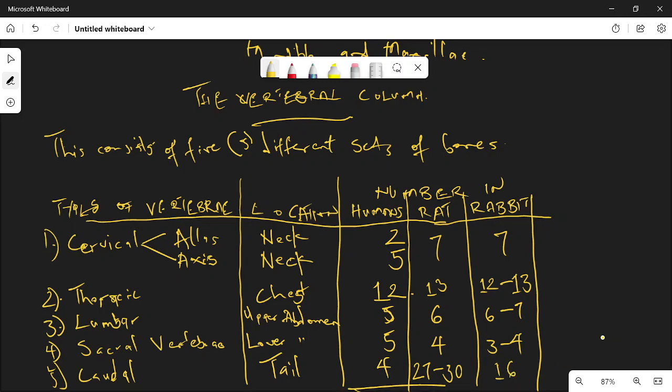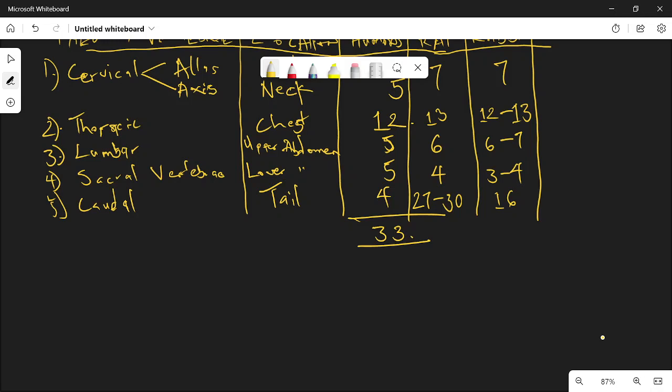So if you look at it, their total here for the rats is 57 to 60, and for the rabbit it is between 44 to 47.